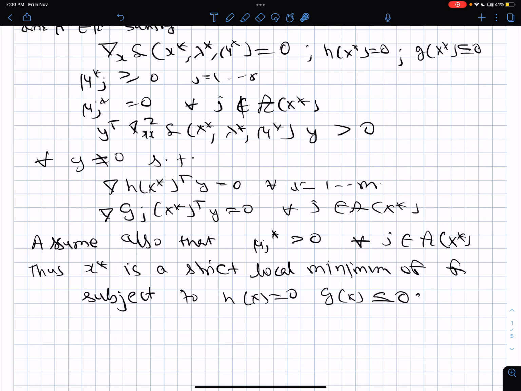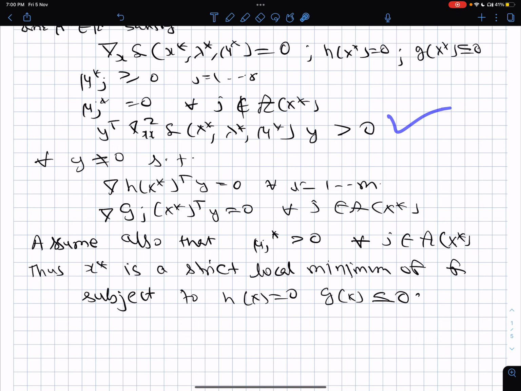And that this curvature should be non-negative is what was said in the second order necessary conditions. Here we are saying that this curvature should be strictly positive.